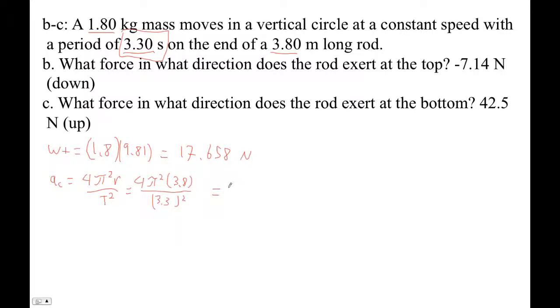All right, so here we go. Let's figure that out. I'm going to store that in the weight, and then I'm going to go 4 times pi squared times r divided by T squared, so 3.3 divided by 3.3 squared. If we get to square the T, oh, this is fun. 13.776 is what I'll say.